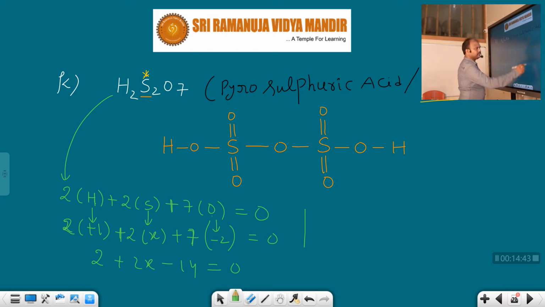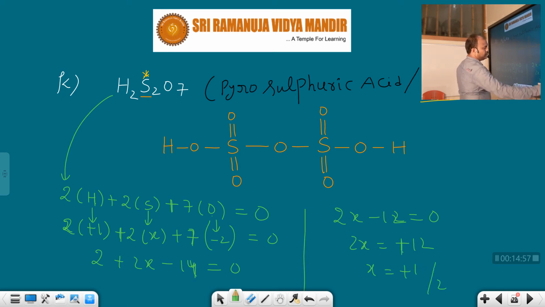So 2X minus 12 is equal to 0. 2X is equal to +12. X is equal to +12 by 2, which means X is equal to +6.